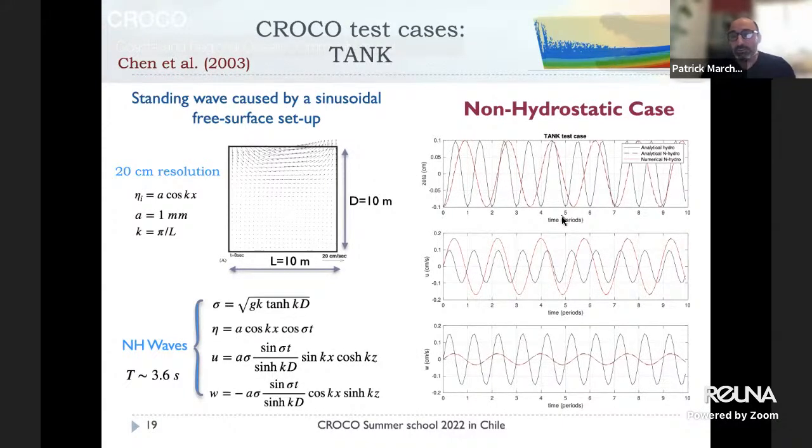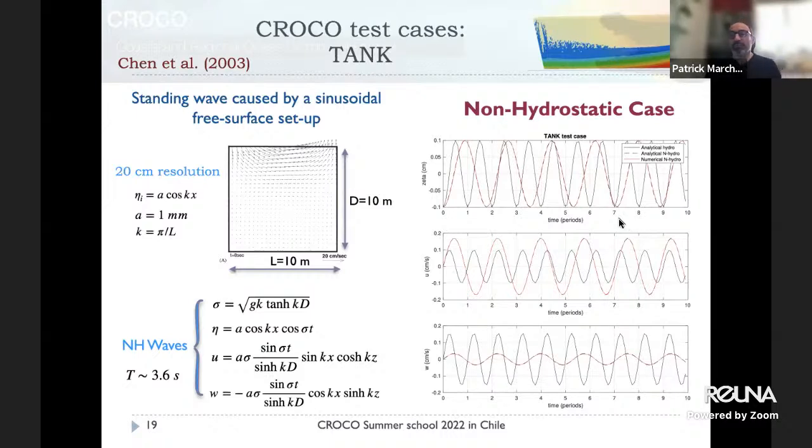And again, the match is very good in terms of phase error and amplitude error. The errors are very small, even for a long time after the initial stage. It means that the errors in dispersion and diffusion are relatively small in this case.